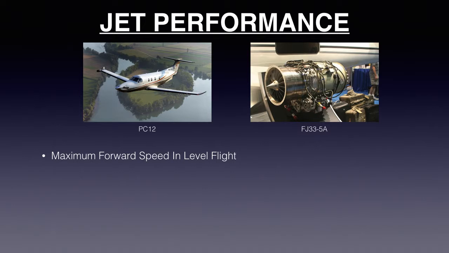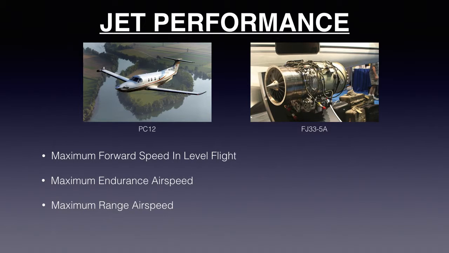So I'm looking at the maximum forward speed in level flight. I chose the maximum endurance airspeed, and I chose the maximum range airspeed. The way the presentation is going to work, I'll look at both our drag chart and the drag table and walk you through how I found these three items using both tools.